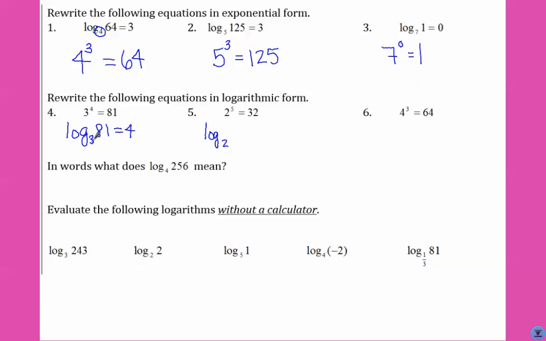Make sure your bases, they're subscripts, so they should be small and down where the tail of the g is. Of 32, that's normal sized, is equal to 5, which is also normal size. And then finally, log base 4 of 64 is equal to 3.